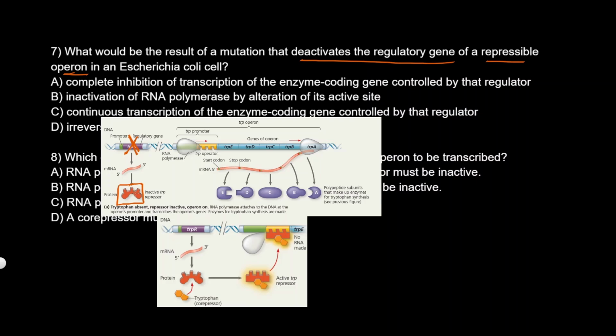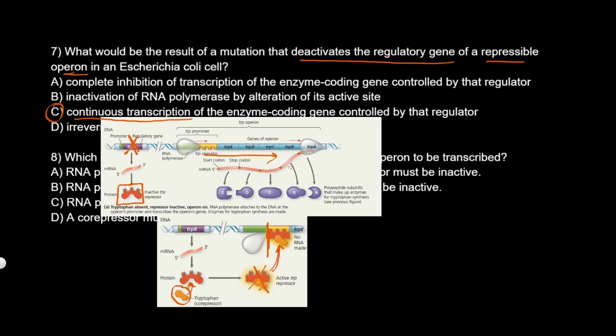If something's wrong with the repressor protein, that means the co-repressor, in this case tryptophan, cannot bind to it to activate it. So there will be no activated repressor that can block this process. It means there's nothing to stop the transcription of it. Correct? So it's going to be C, continuous transcription of this enzyme coding gene.